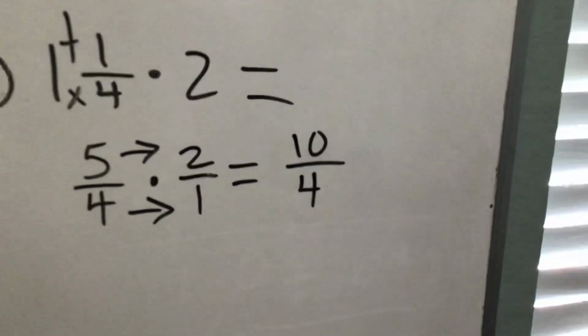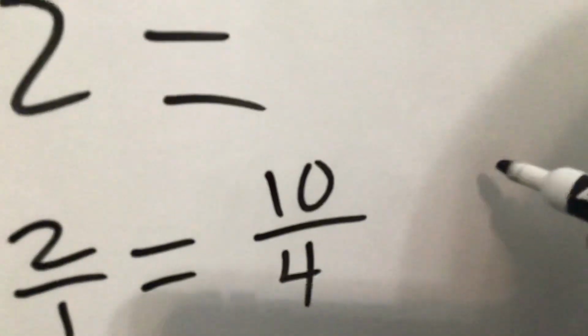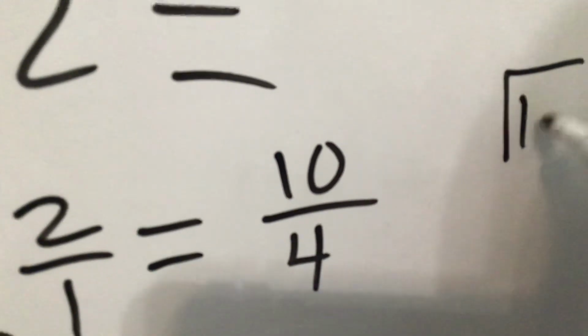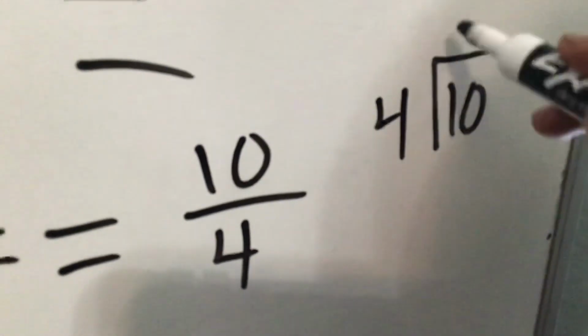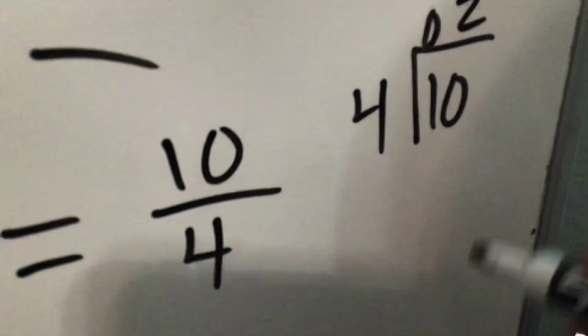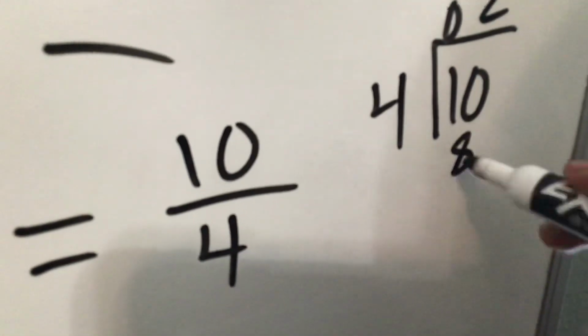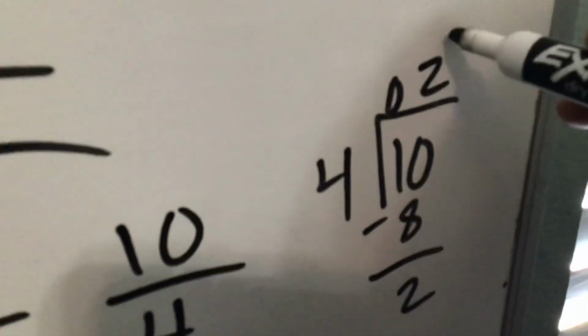Now here your answer is an improper fraction, so we have to make it into a mixed number. So we can go ahead and start dividing. Top number in the house, bottom number outside the house. 4 can never go into 1, but 4 goes into 10 twice. So that'll be 8. 10 minus 8 will be 2. So here we have our answer.